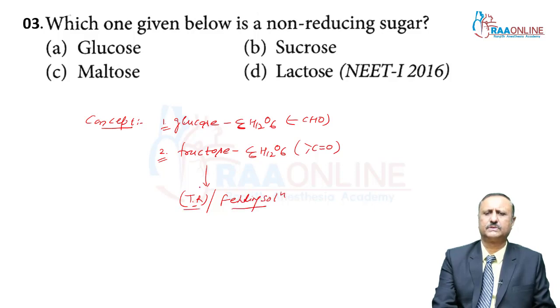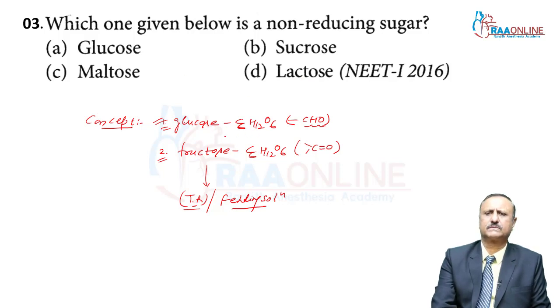So these are called reducing sugars. In glucose free aldehyde groups are present, and maltose and lactose are also isomers of glucose.